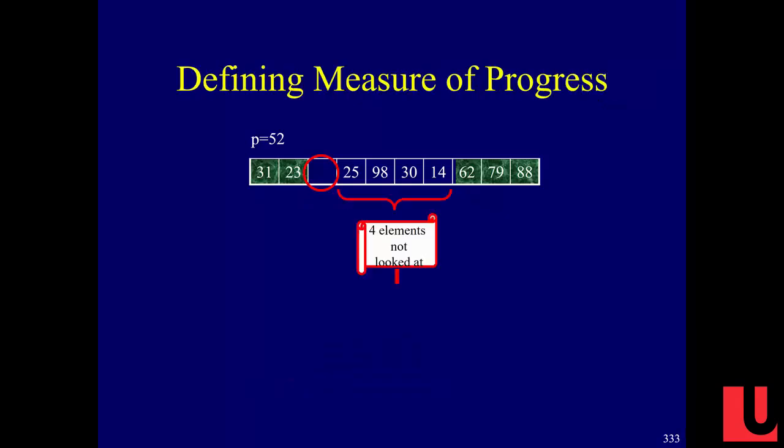All right, so now we want to think about how to make progress. If we're in this situation, we're going to take one of the numbers that we haven't looked at and compare it with the key and put it on one side or the other. So if we take the 25, and if it's smaller, then what do we do with it? We just put it here, and that seems to be okay.